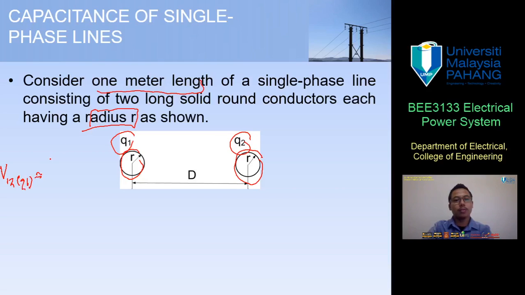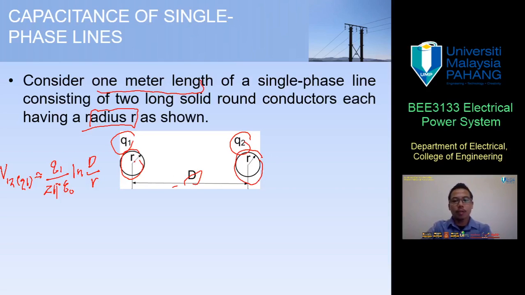So we get Q1 over 2 pi epsilon 0, ln, with the shortest distance here being R. So the spacing between these two conductors is D, not D2, and the small one is R, because of the shortest and the longest distance.